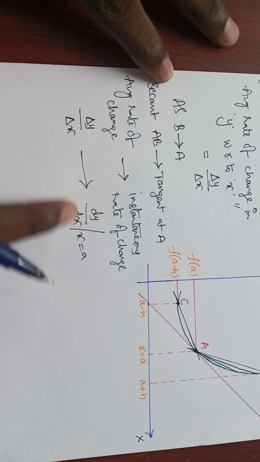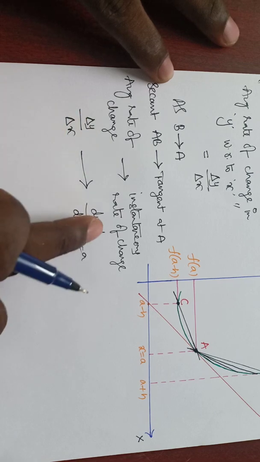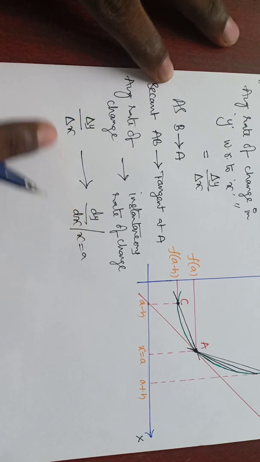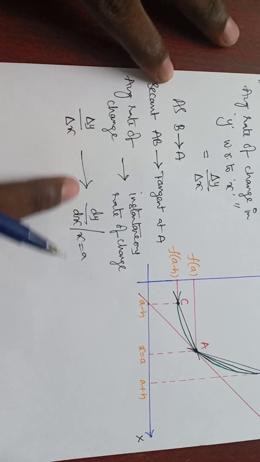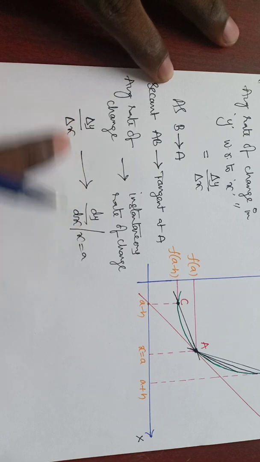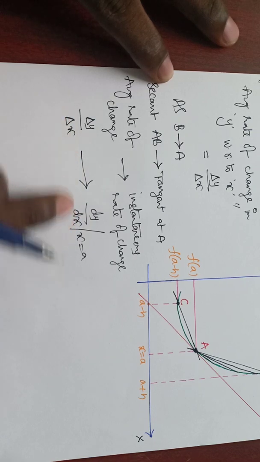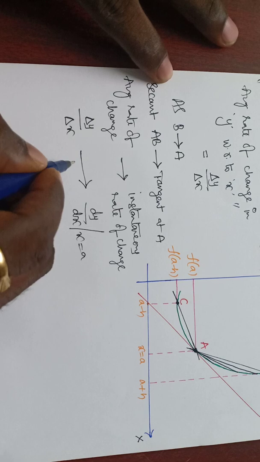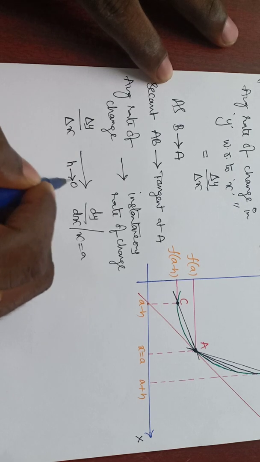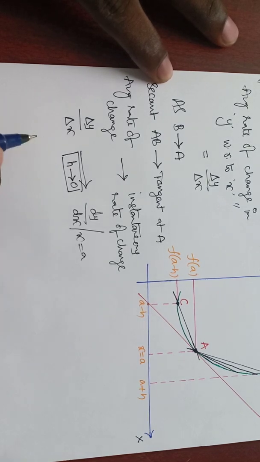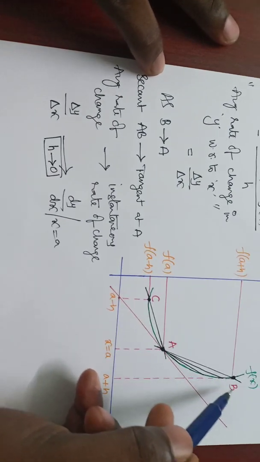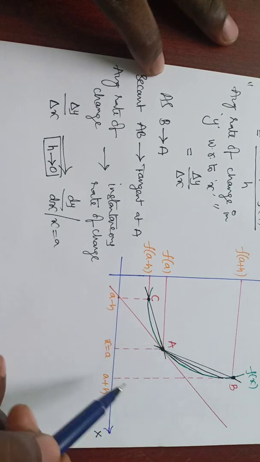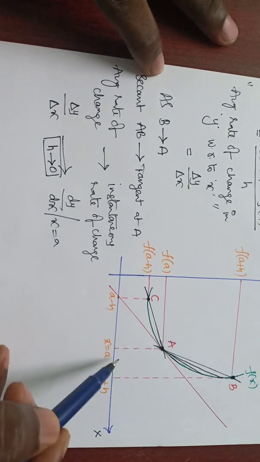Now see, what is the difference between delta y by delta x and dy by dx? One is the average rate of change and the other is the instantaneous rate of change. The difference is just that h approaches 0. As b moves very close to a, the distance between these two is very small, almost approaching 0.